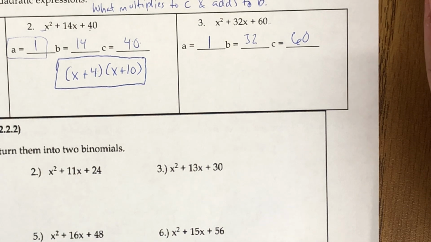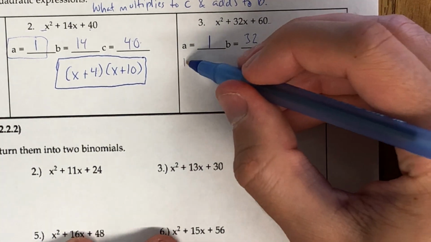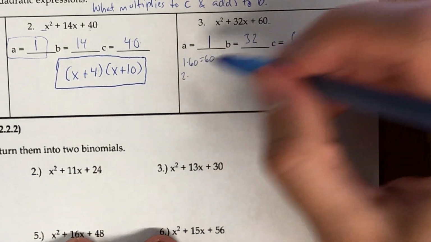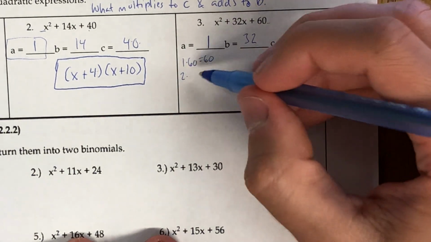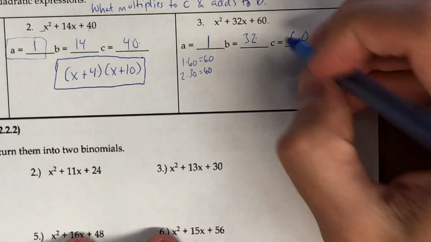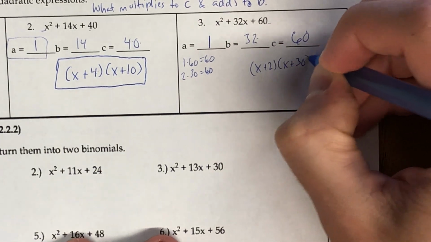Well, 1 times 60 is 60, which doesn't add to 32. 2 times 30 is 60, and 2 plus 30 is 32. So we would write it as x plus 2 times x plus 30.